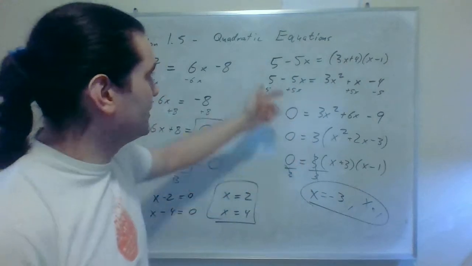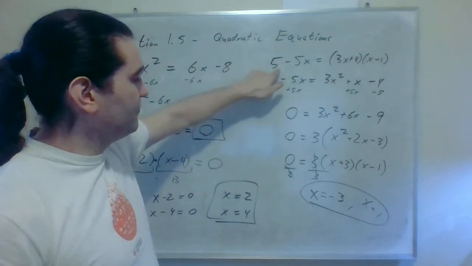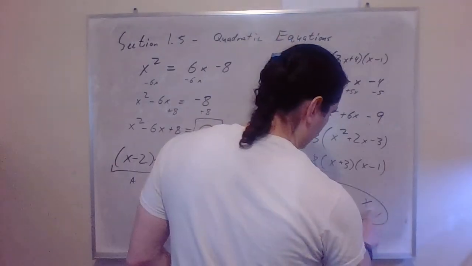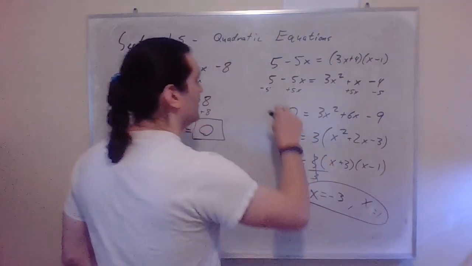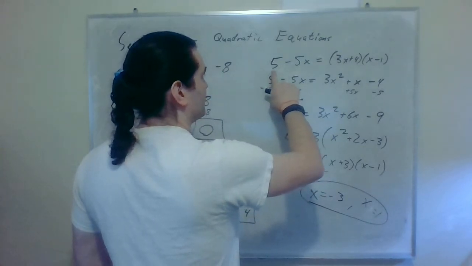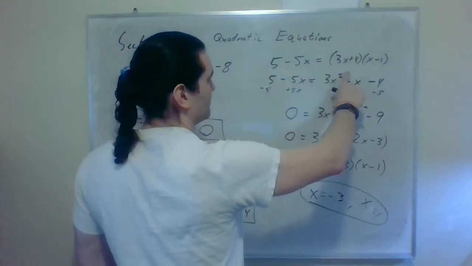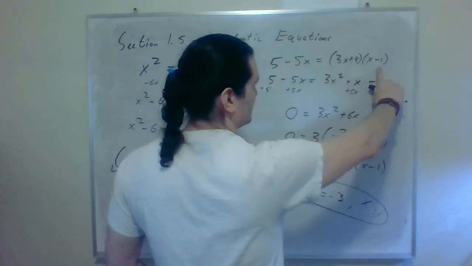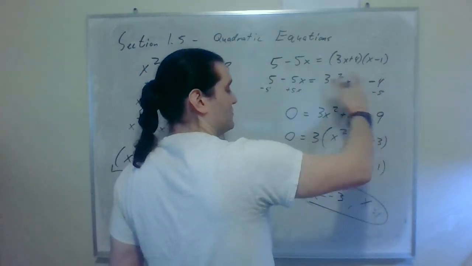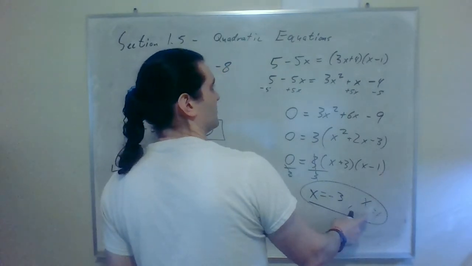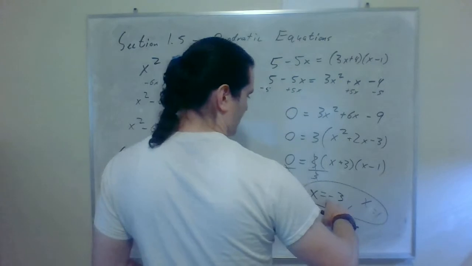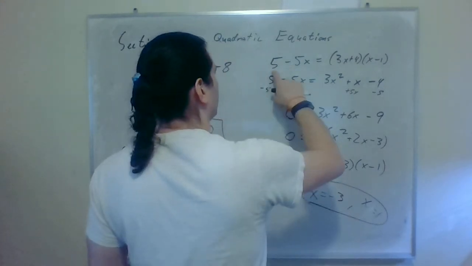And we could check them here if we wanted to. Let's check 1. x equals 1 seems like the easiest to check first. So if x is 1, this would be 5 minus 5 is 0. 7 times 0 is also 0. So 1 works. That one's nice. Let's try negative 3.